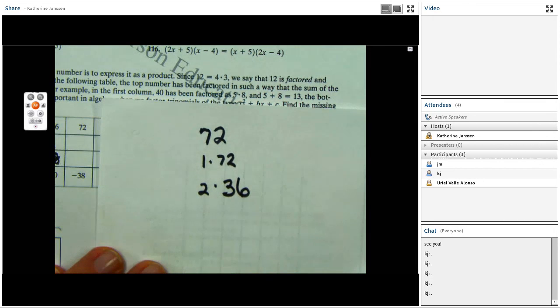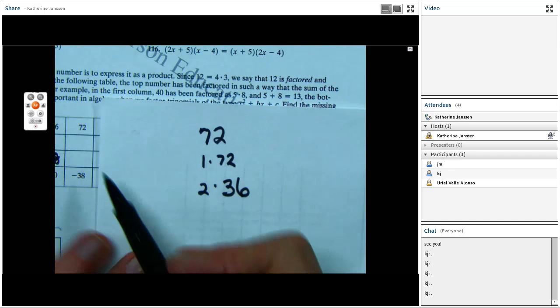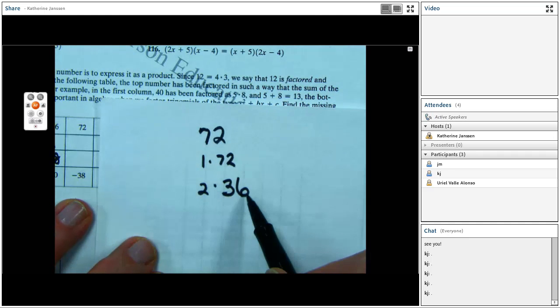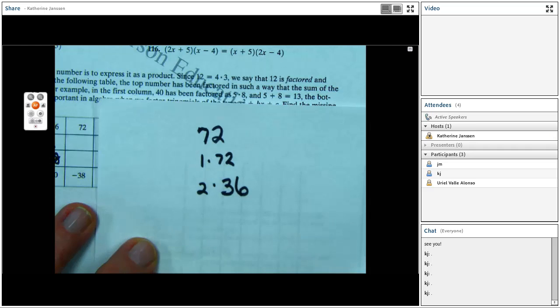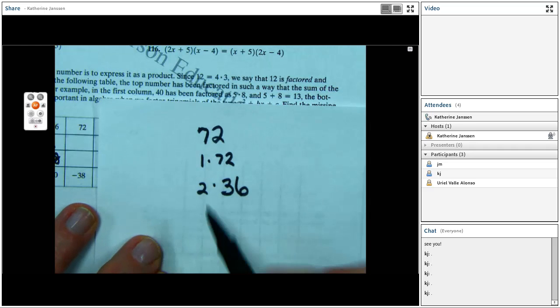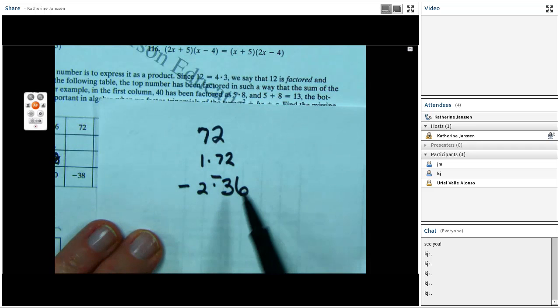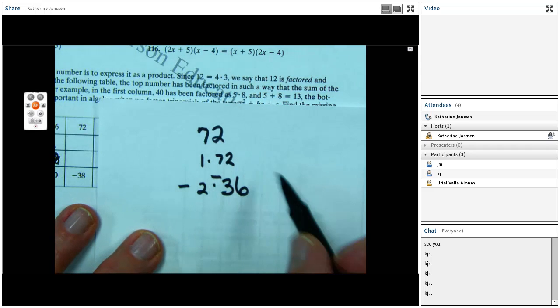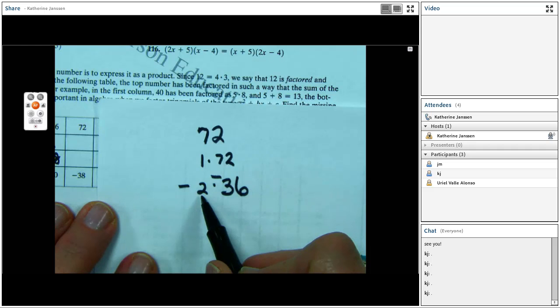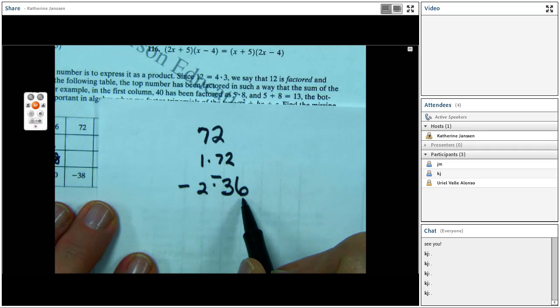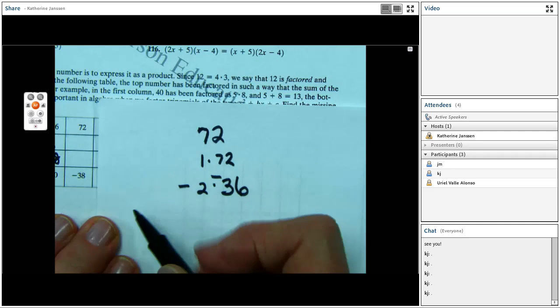But I need to have factor pairs that when I add them equal negative 38. So negative, negative. A negative 2 times a negative 36 would be a positive 72. If I add my factor pairs, I have a negative 2 plus a negative 36. I get negative 38.